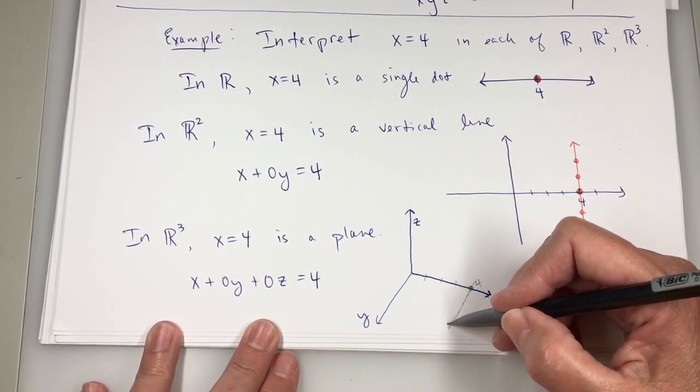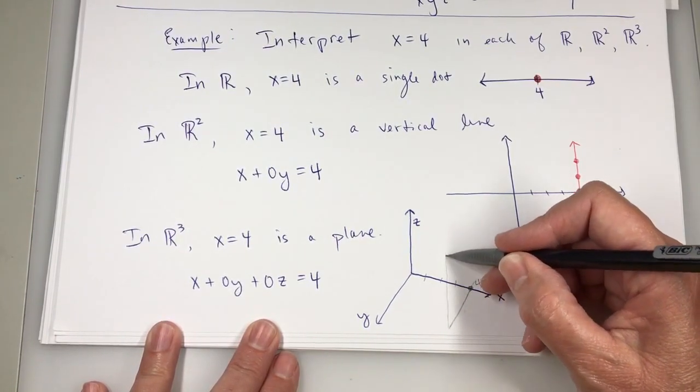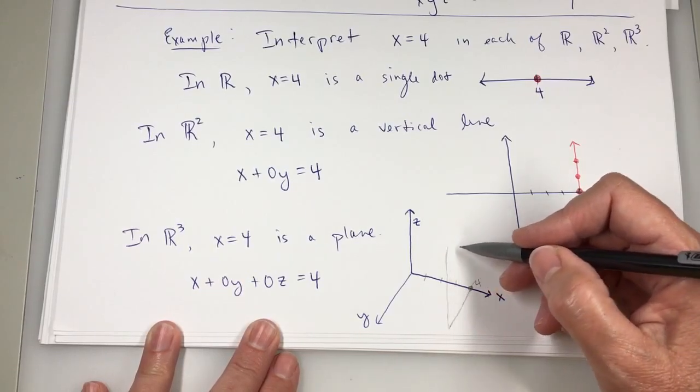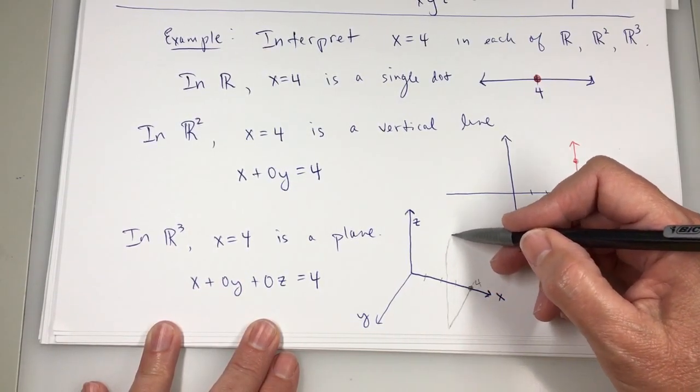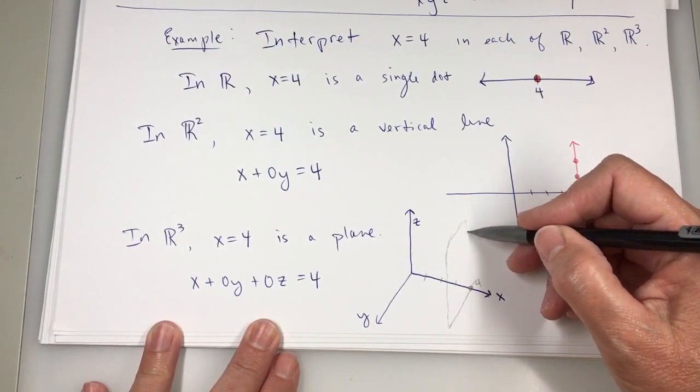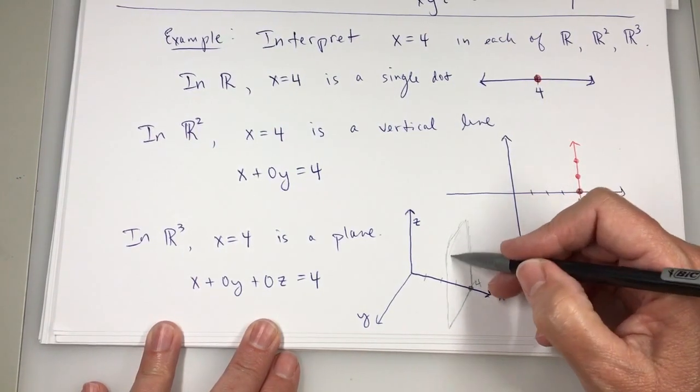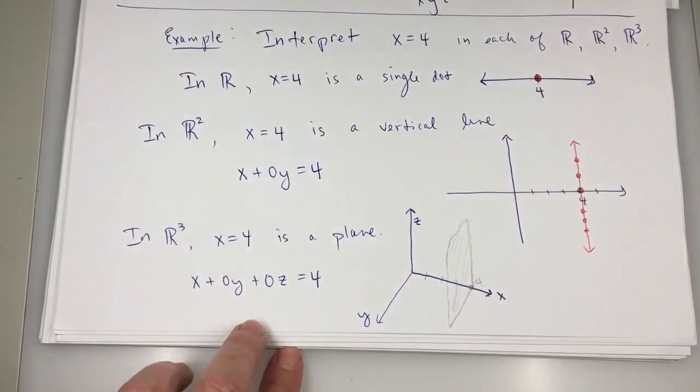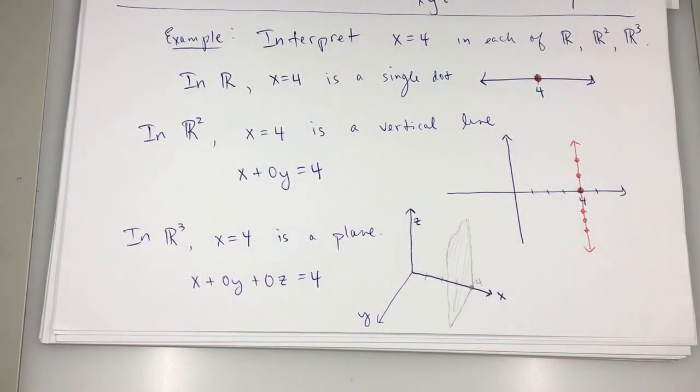And then a line parallel to z. Now this top part, I'll go parallel to y. Here's my plane. Color that in a little bit. Now that goes forever in the top direction and the bottom direction. And it goes forever parallel to the y-axis, but I would sketch that plane something like that. So you'll need to practice sketching some of these pictures.